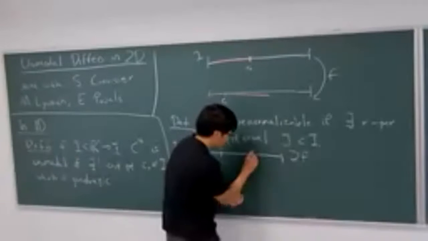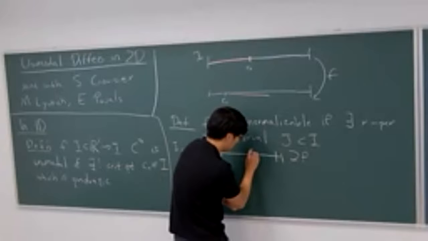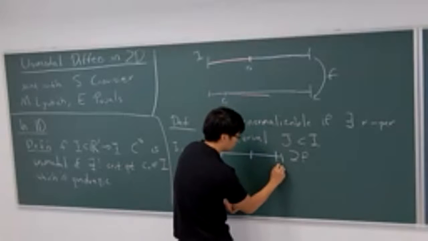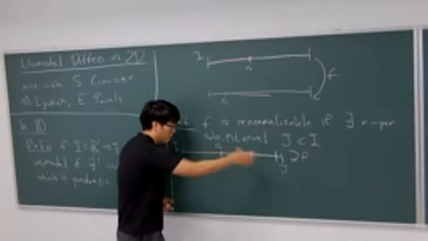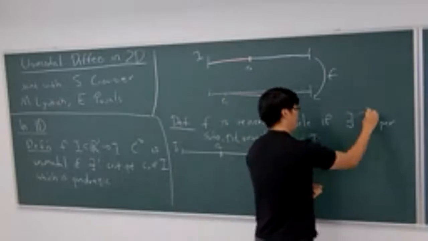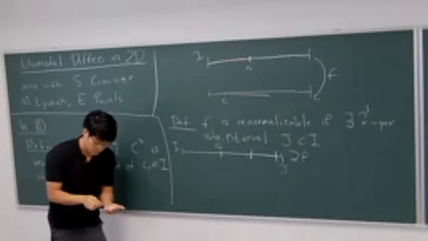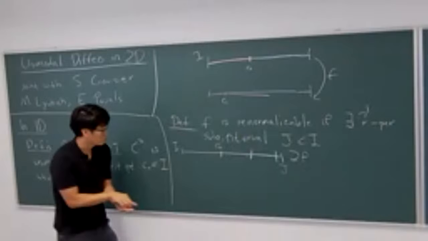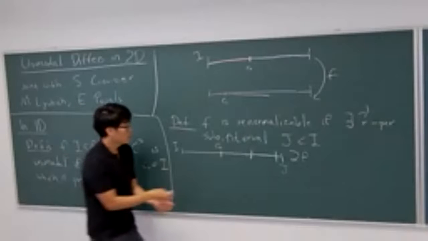So if there's some smaller subinterval, which we'll call J, and when you iterate on J, it maps around the phase space, and then after R iterates, where R is some number bigger than 1, it returns back into the small interval J.